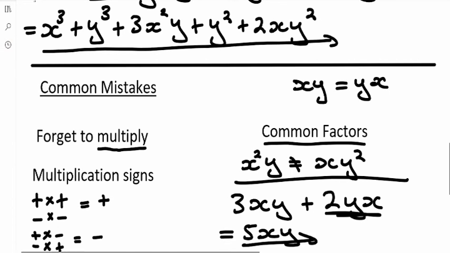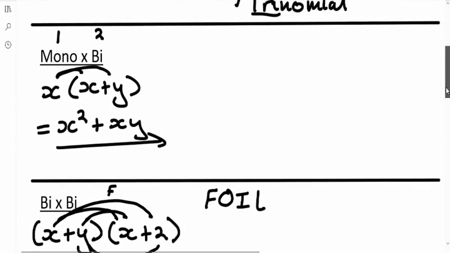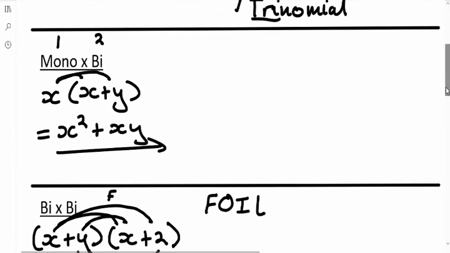And just lastly, when we are multiplying various polynomials by one another, you can think of it as, in the first example, mono is 1, bi is 2. 1 times 2 is equal to 2. In other words, you should get two terms out of this, 1 and 2. So we got two terms out of this.